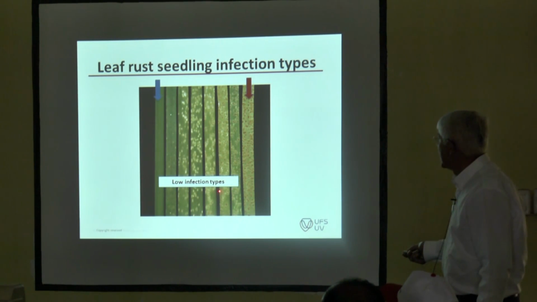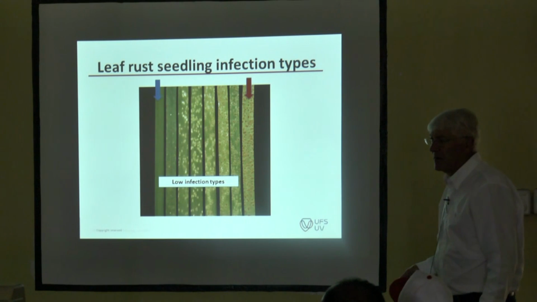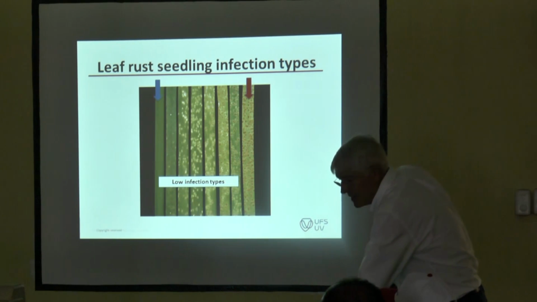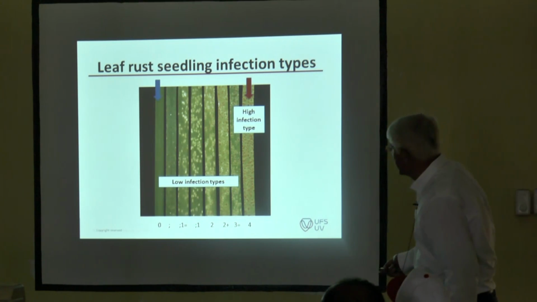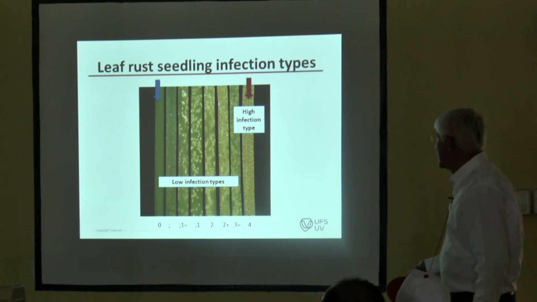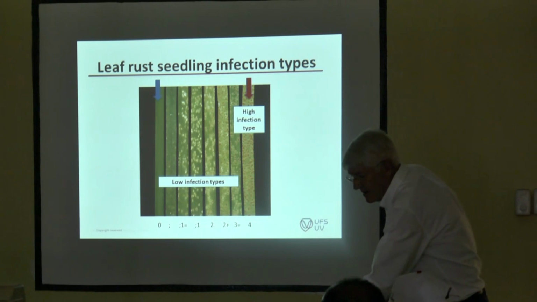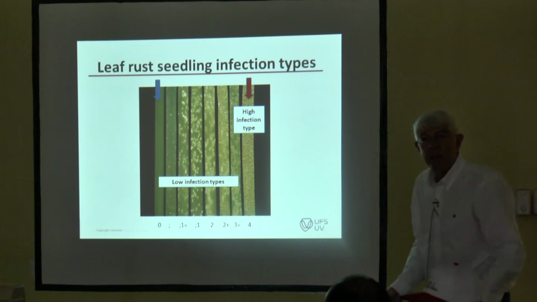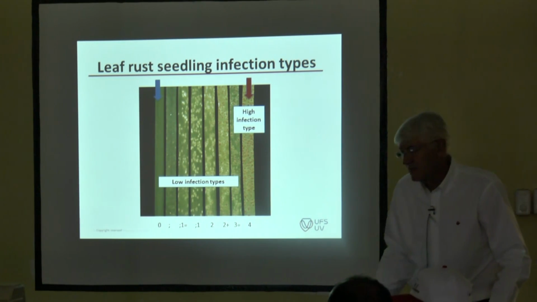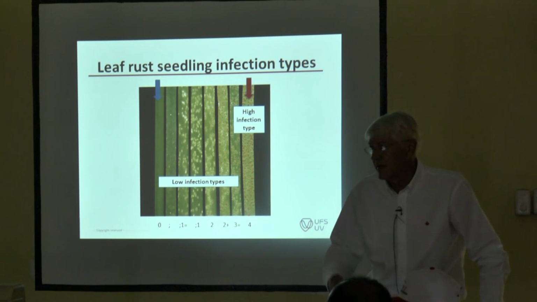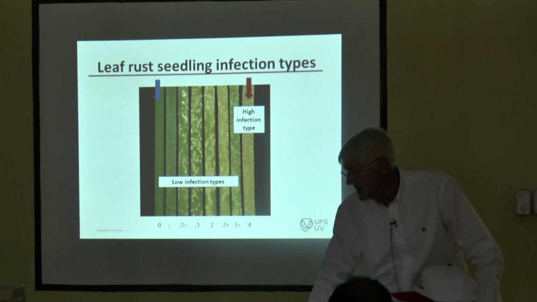In this particular slide, I would write all of them low except the 4 on the right. And then again, some of the 0 to 4 scale values. So low infection type means some host resistance, a form of incompatibility between pathogen and host, based on the gene-for-gene system that Robert explained to us the other day.